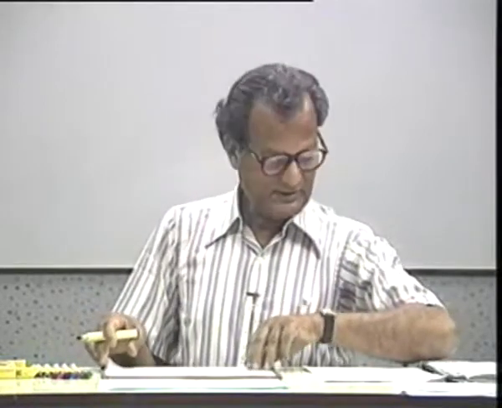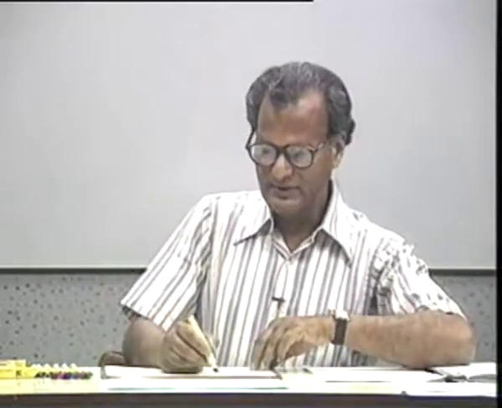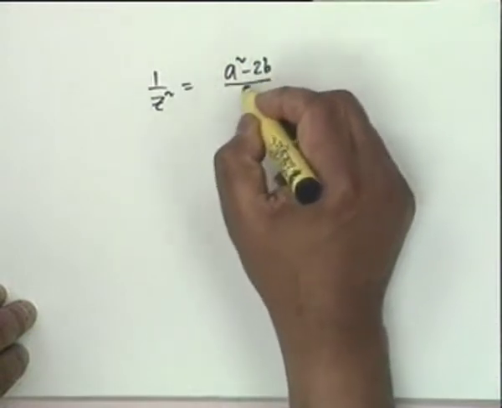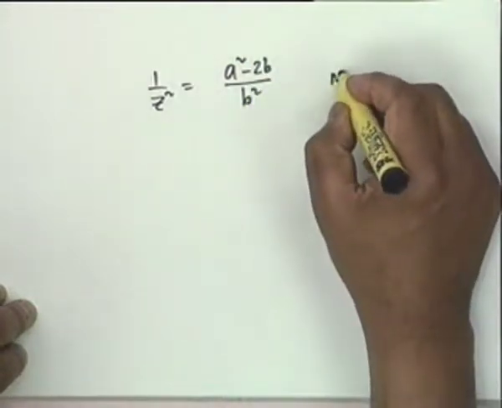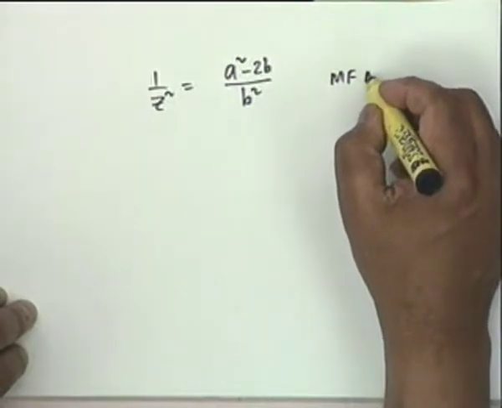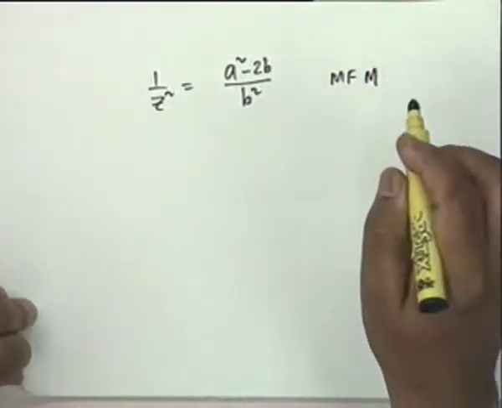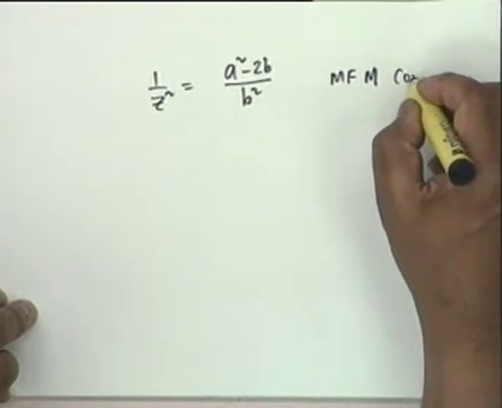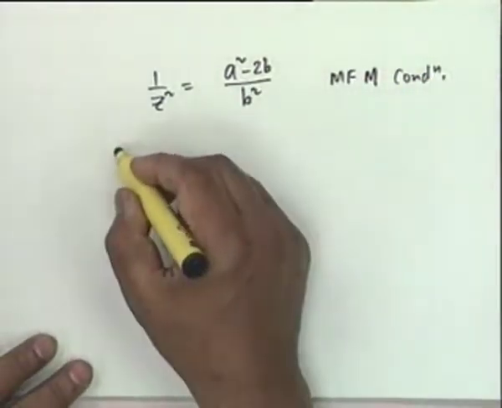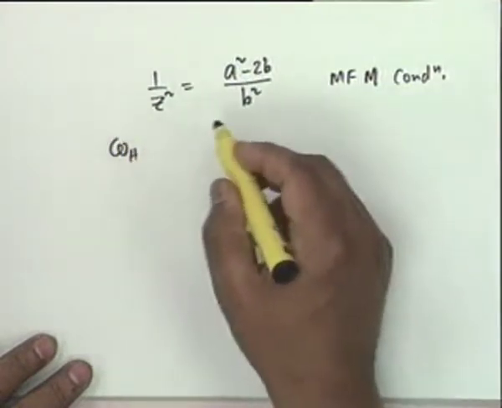But this condition, 1 by z squared equal to s squared minus 2b by b squared, is the condition for maximal flatness in the magnitude. So it is called the MFM condition. And under this condition, the omega h, now what does this mean?